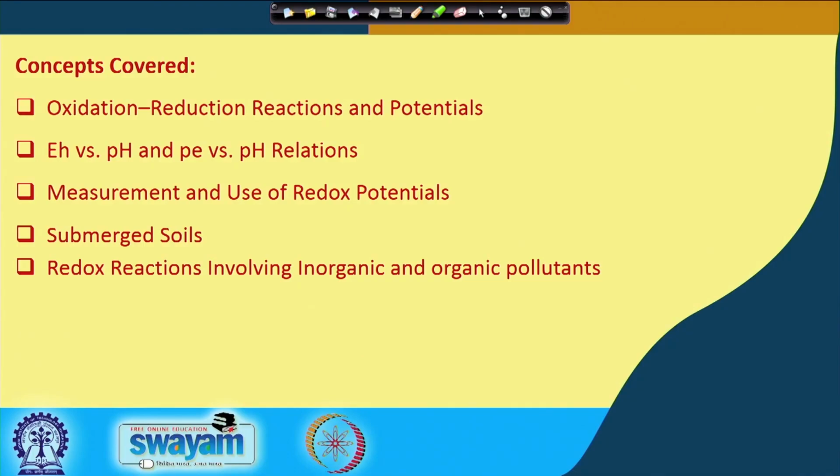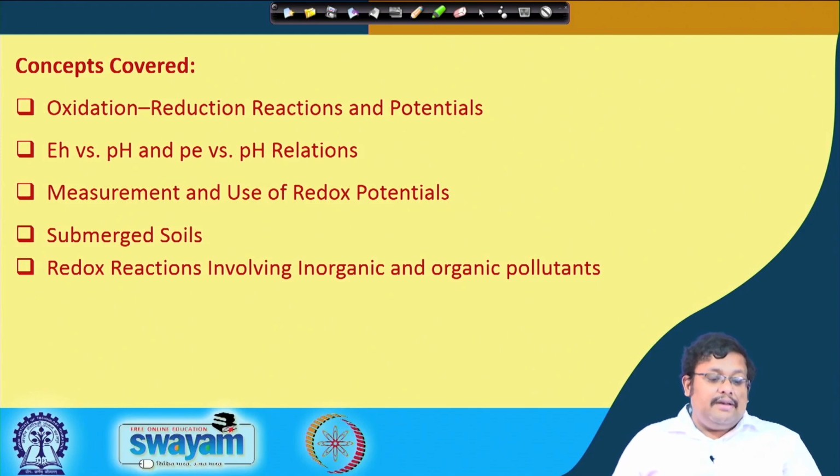One is oxidation reduction reactions and potentials, and then we will be talking about EH versus pH and PE versus pH relations, and then measurement and use of redox potentials, and then submerged soils, which is very important, and then redox reactions involved in organic and organic pollutants. Now, remember these redox reactions are basically the short form of reduction oxidation reactions.